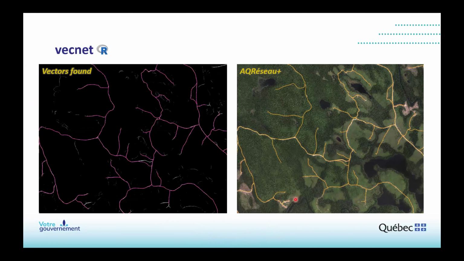So it is extremely similar, but sometimes cannot find some types of road, and we also found that it's very difficult to find the end of some of the roads.